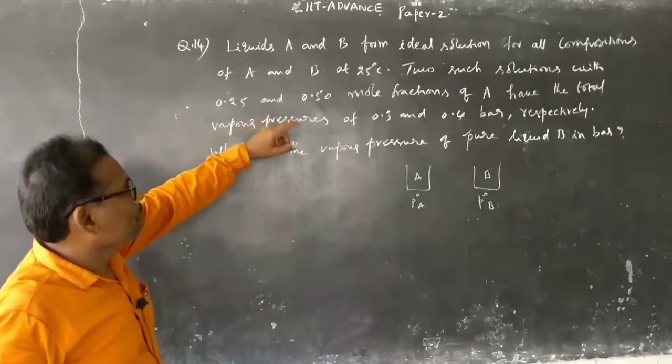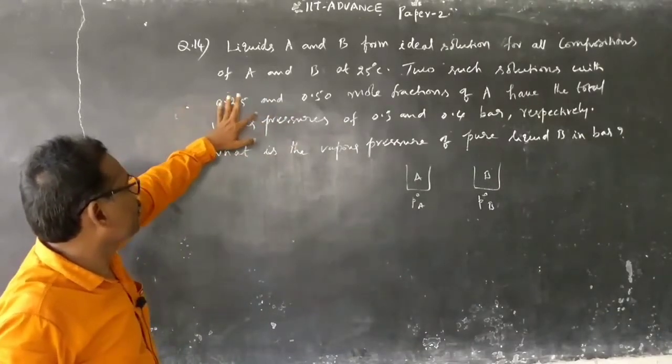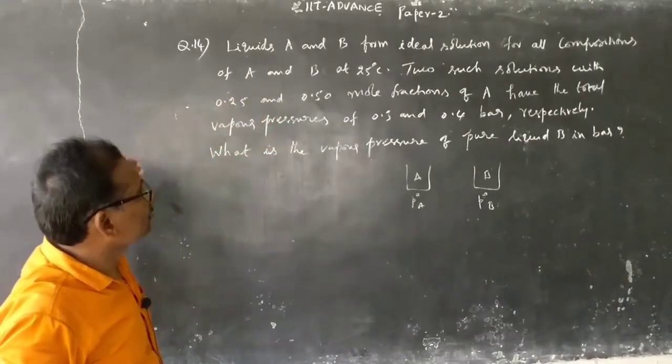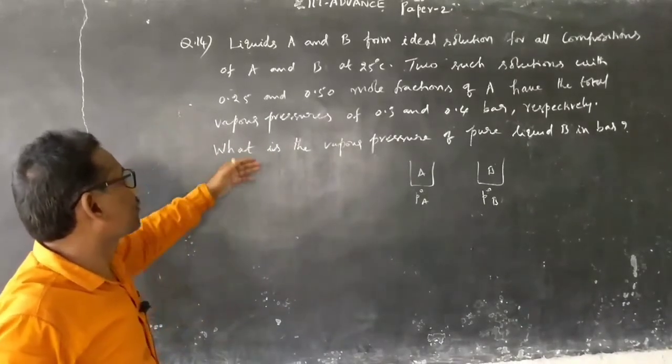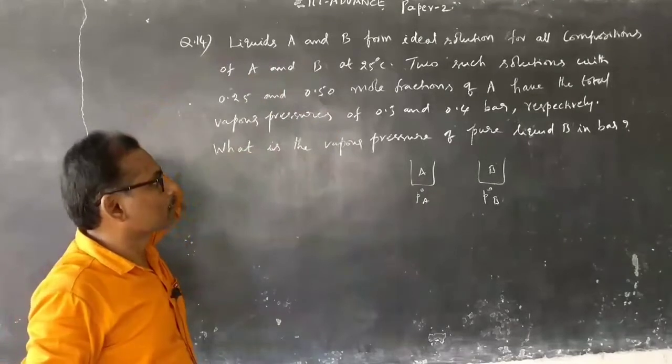Two such solutions with 0.25 and 0.5 mole fractions of A have total vapor pressures of 0.3 and 0.4 bar respectively.